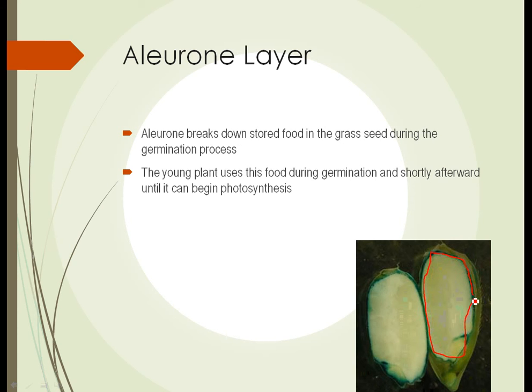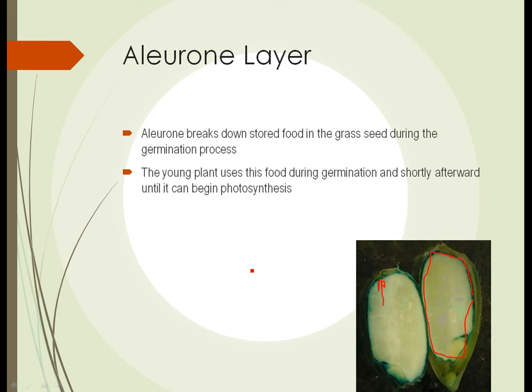Here you can see it highlighted in green. It's just this outer green circle around the endosperm. When the grass starts to germinate, the aleurone layer releases enzymes that begin converting the endosperm into food for the grass plant.